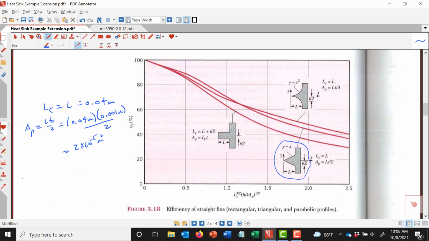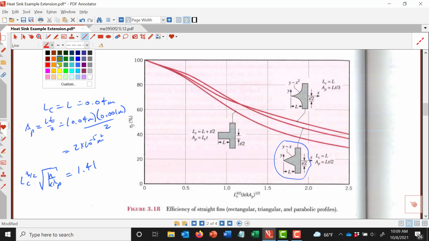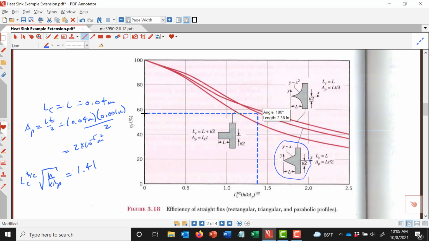So then this combination of LC to the 3 halves, square root of H over K A sub P. When you plug in all the numbers, what you get is 1.41. And we can show here that if you pick a value close to 1.4, we're going to put it up to the line here and then carry it over.